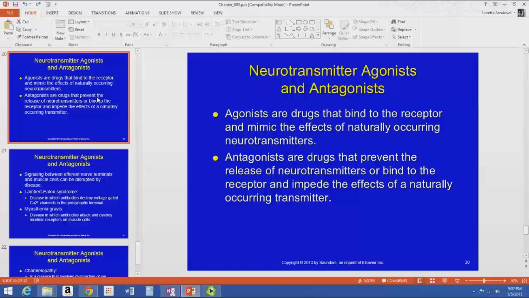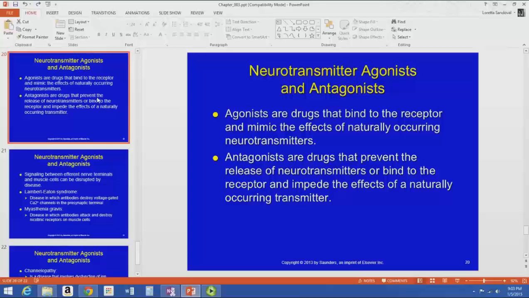So when you're on Chantix, you can smoke a cigarette and it's not going to do anything for you. The nicotine's not going to bind to its receptors because the Chantix is already bound there. And so it makes you not crave cigarettes because they don't have the effect that the nicotine normally has. And for some reason it also causes you to have weird dreams and stuff, because it's messing with your neurotransmitter receptors.